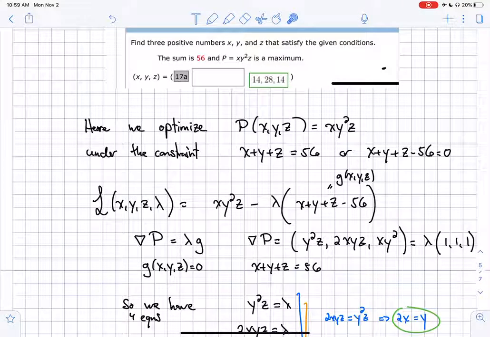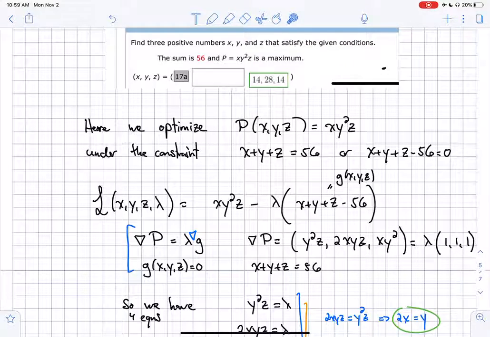Or I write it and I find the critical points, or I skip one step and already write that the gradient of p, which is this function, is in the same direction as the gradient of g. Here it should be a gradient here. And the constraint equation. Those are the two equations you need.